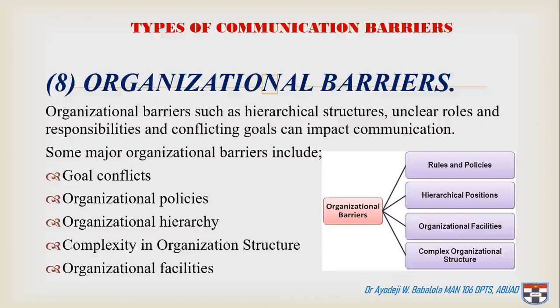So the security man has to go through the CSO, then to this one, and some others before it gets to the CEO. It has to go to the supervisor, and then to the manager, then to this, and so on. Sometimes before the message gets to the CEO, if it ever gets to them, it has lost its value because maybe it is time-sensitive information. So hierarchy can constitute barriers.